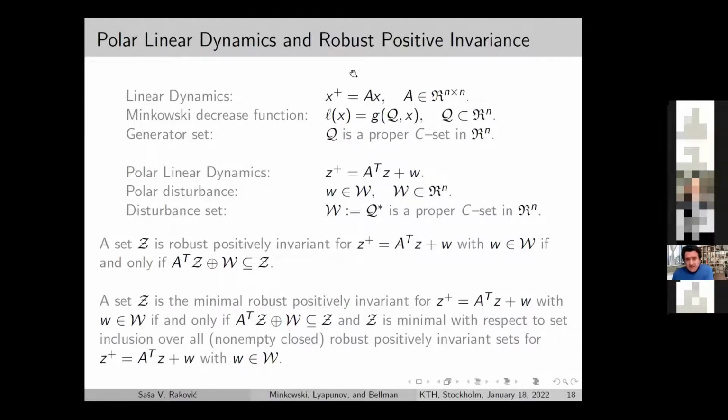So if you start with the linear dynamics, what we're going to do is create what I call polar linear dynamics, which means we take the transpose of A, and now what is Q? It's going to go as a perturbation to this system.